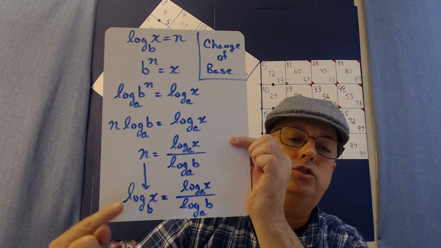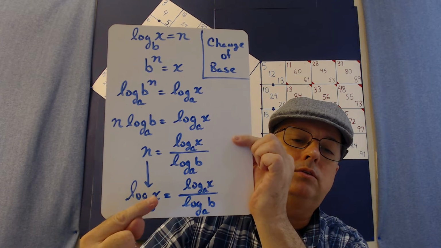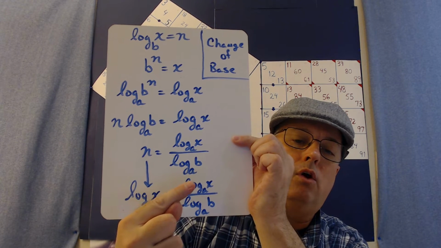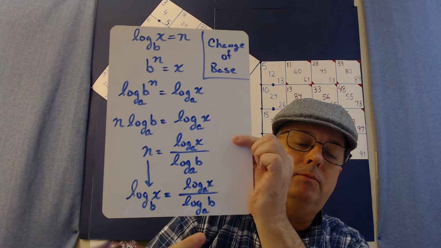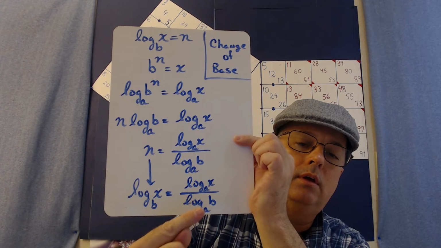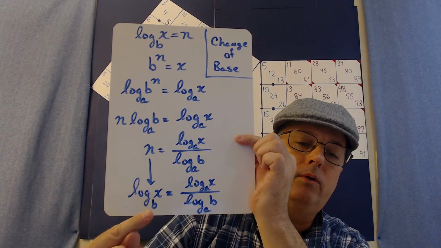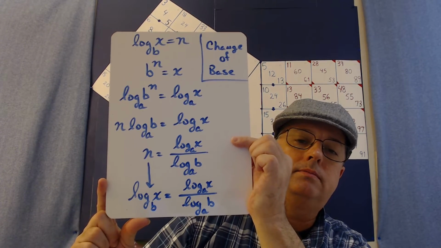And so now here's the change of base property: if we have log base b of x, that's the same as the log base a of x, as long as we remember that it wasn't base a to begin with, it was base b. Okay, so that's our change of base.